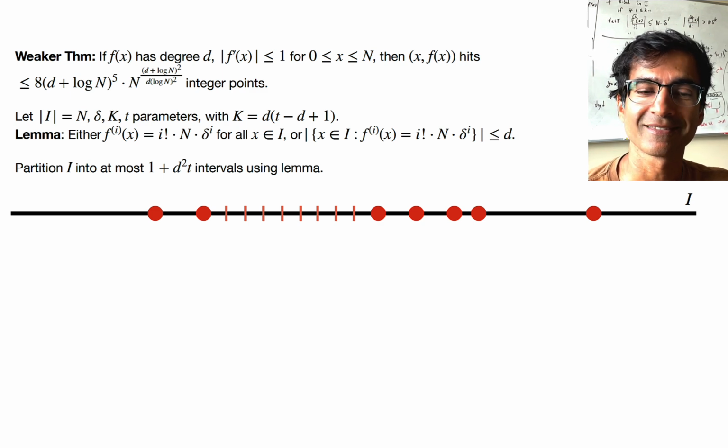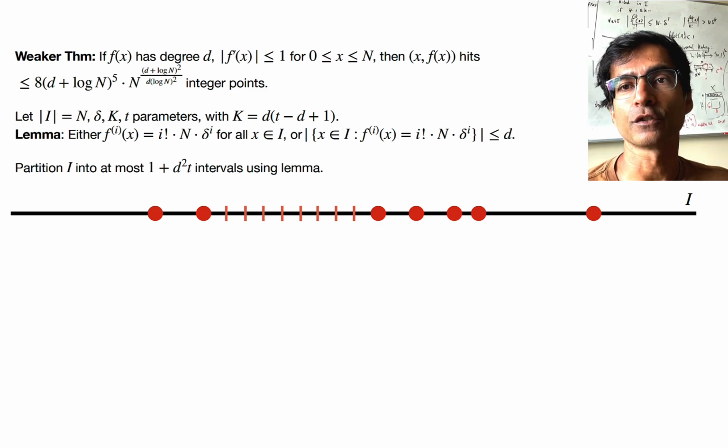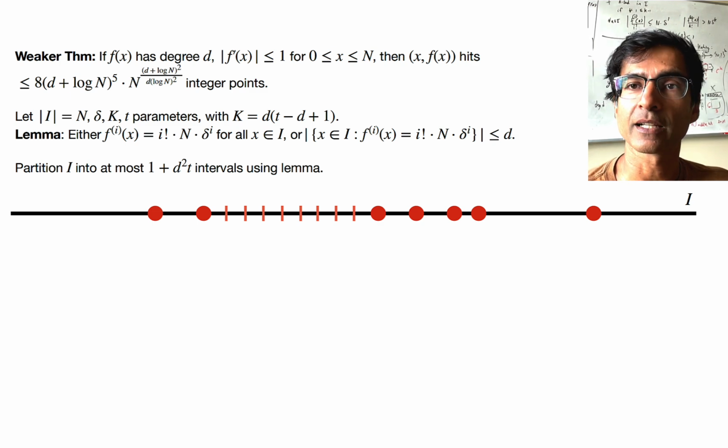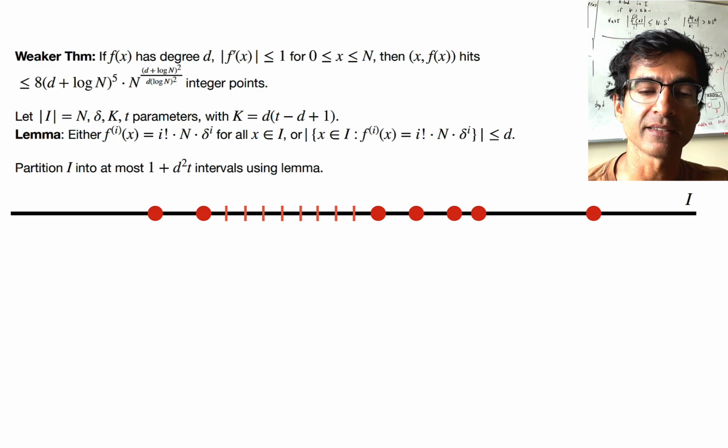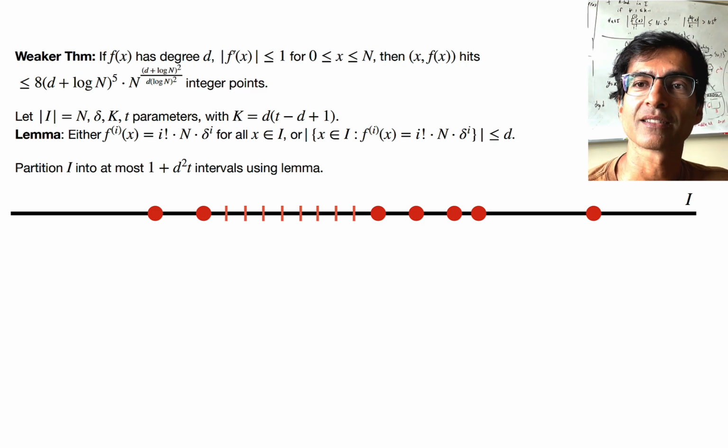That's easy to calculate. And so you can partition the interval into at most 1 plus d squared times t pieces, where in every piece, one of the two cases we discussed holds.